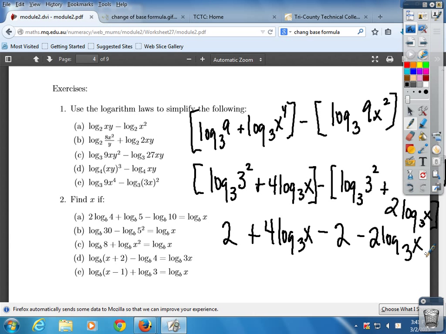So what's 4 log base 3 of x minus 2 log base 3 of x?